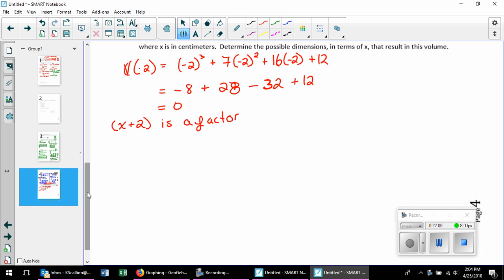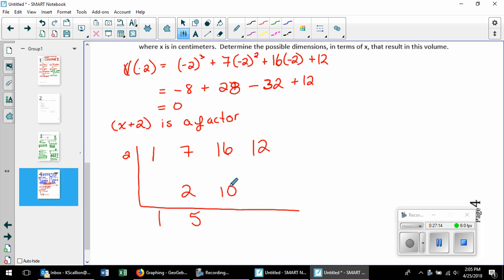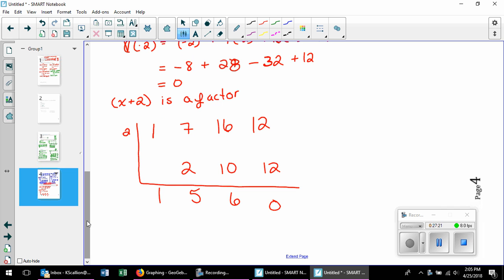What do I do now? Synthetic division. How many factors do you anticipate? 3, right?